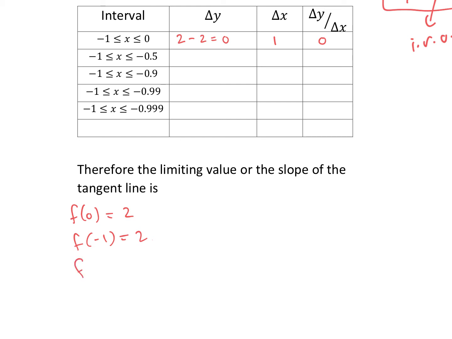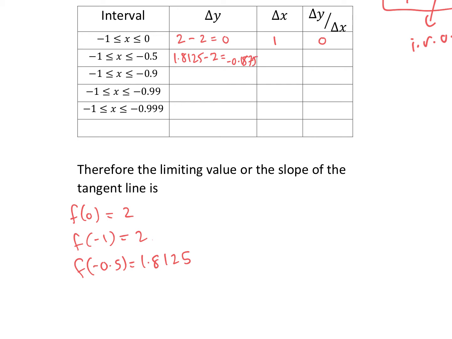And then I'm going to move that point a little bit closer to -0.5. I'm going to sub that into the equation, and I calculate a value of 1.8125. So we're going to do f at -0.5 minus f at -1, and we get a value of -0.1875.